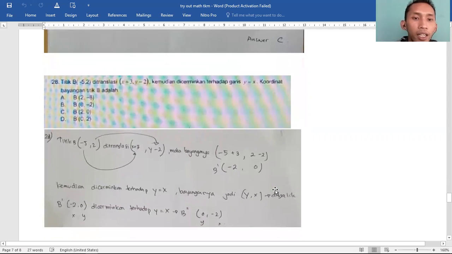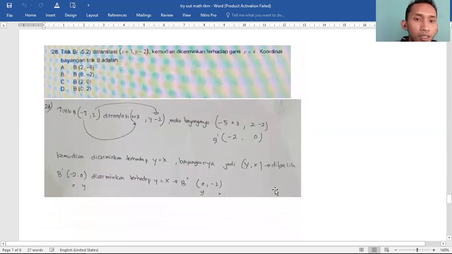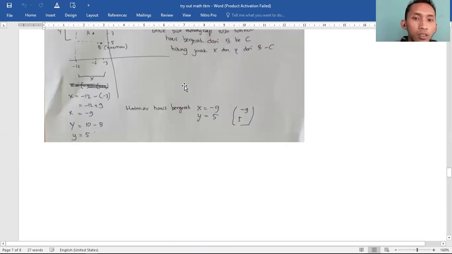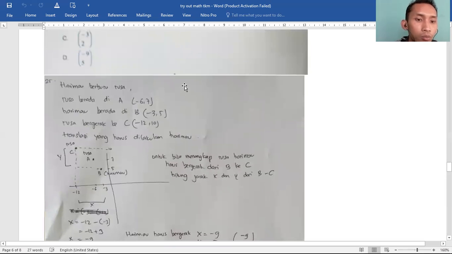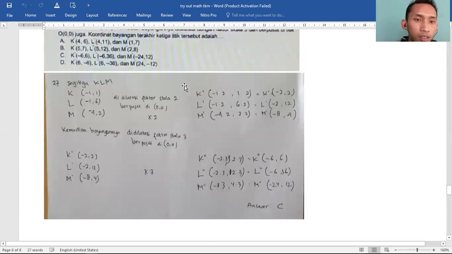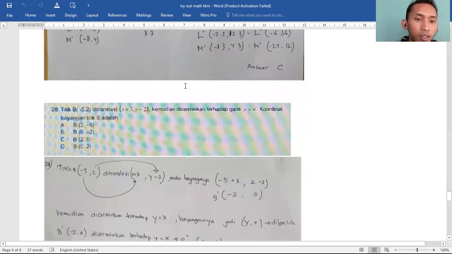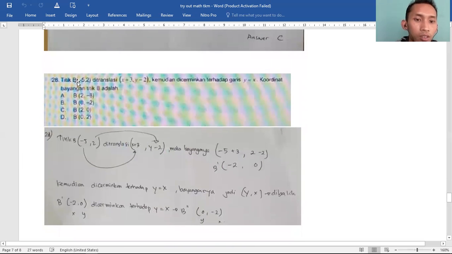Next, 28. Translasi. Translasi is like this one. It's movement, translasi. From B, dia ditranslasikan X plus 3 dan Y -3. Artinya, from X, they will add 3. From Y, they will -2.